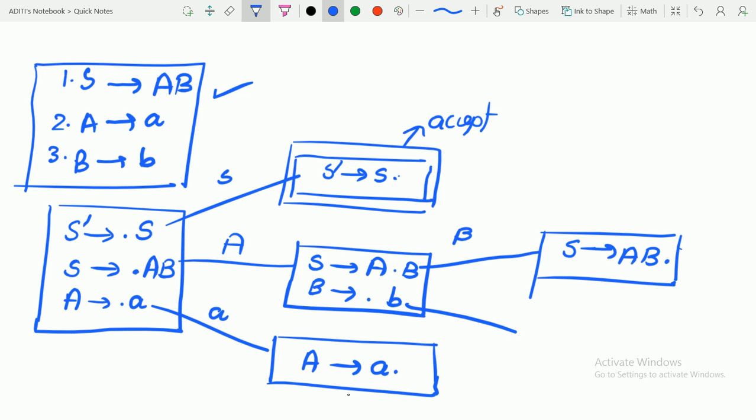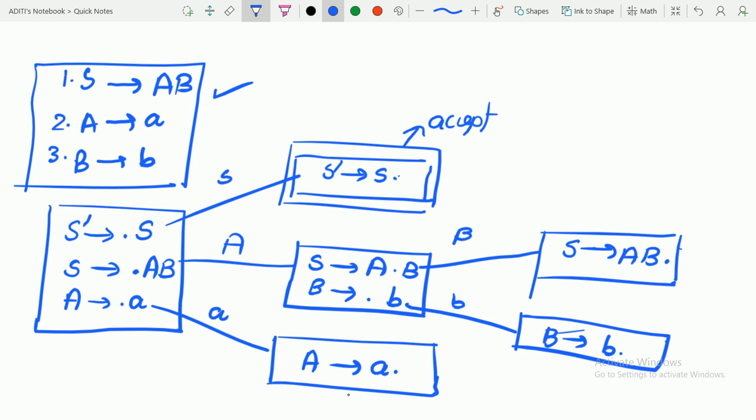For the production on b transition, the goto function will be called and shift the dot to the right-hand side. This is also completed. We can see that all states are completed because the dot is on the right-hand side.